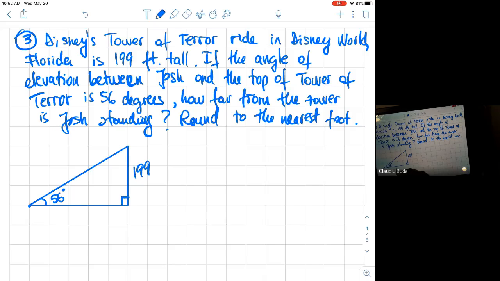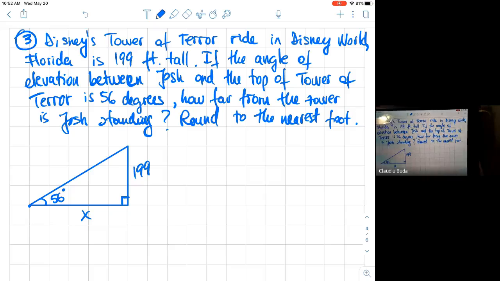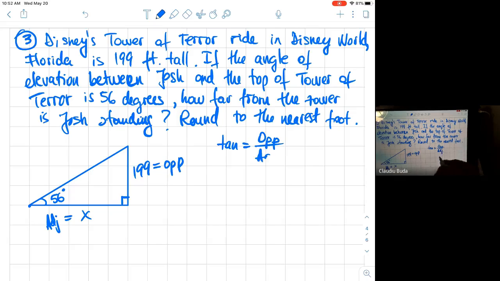We don't know how far he is from the tower, so we're going to have to find that out. In comparison to my angle, this is the opposite side, and this is the adjacent side. So we're going to use tan, which is opposite over adjacent.